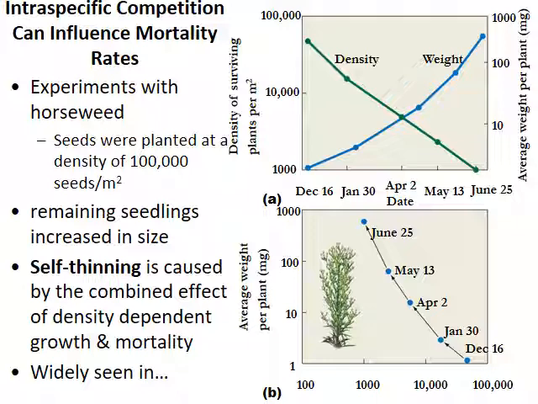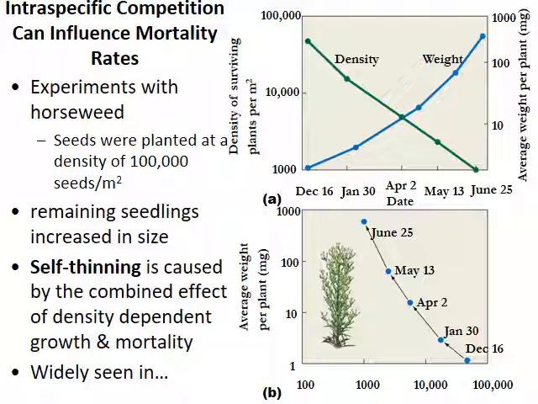But then the weight of those surviving individuals has increased considerably from being, well, they all start as seeds, of course. But those surviving individuals are able to develop and get larger over time as more and more of them are dying.